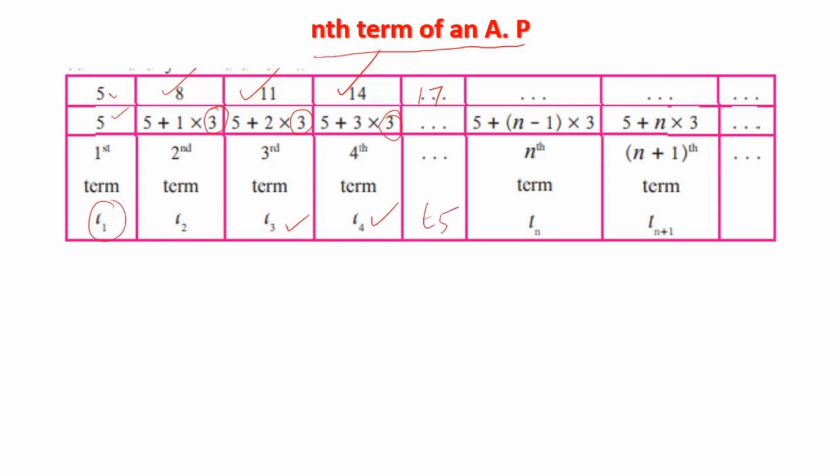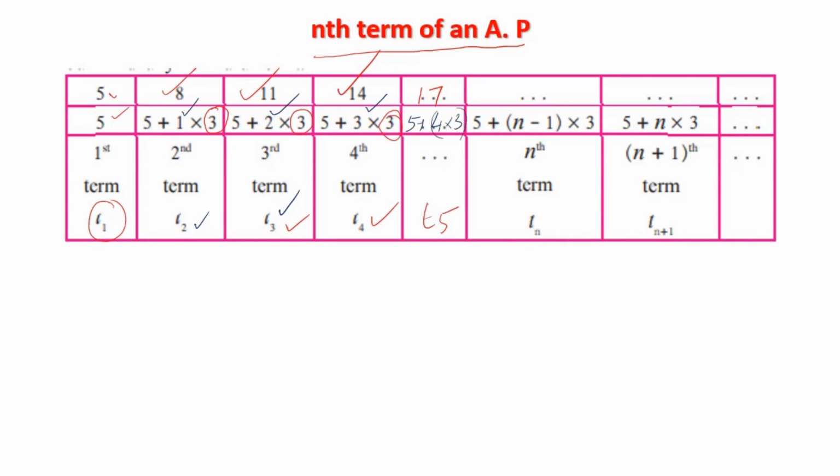Another thing which we already noticed is that when it is term 2, we are having 1 into the difference. Here the difference is 3. If it is term 3, 2 into the difference. Just now we found that. Term 4, the difference is multiplied by 3 here. Term 5, we will surely write over here 5 plus 4 into 3, correct?